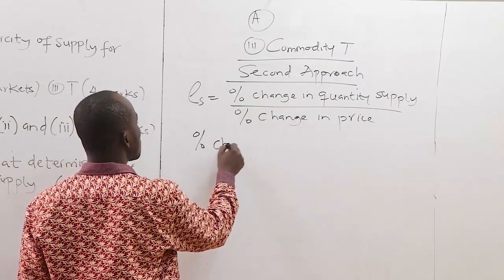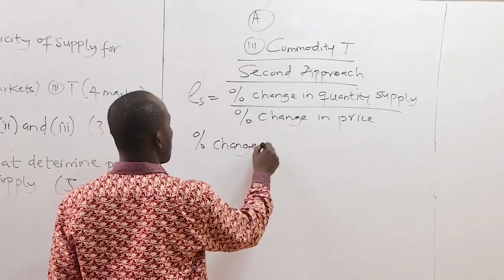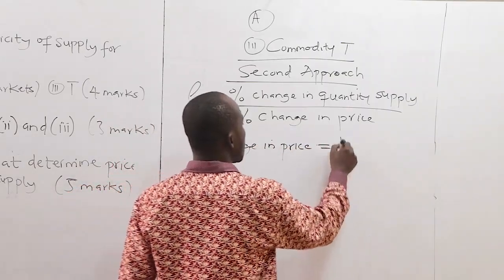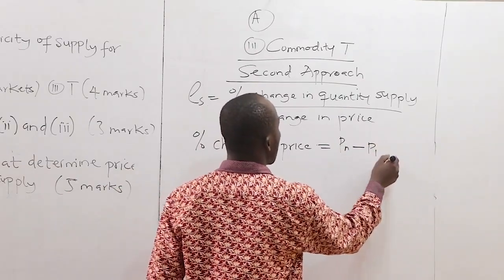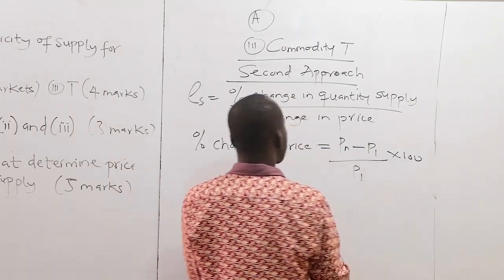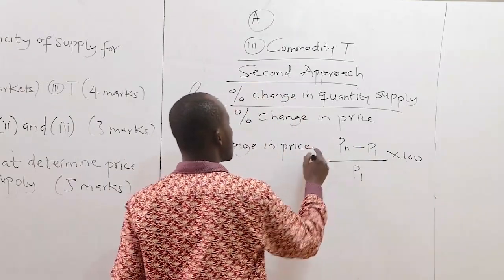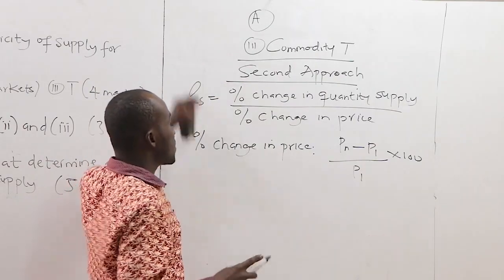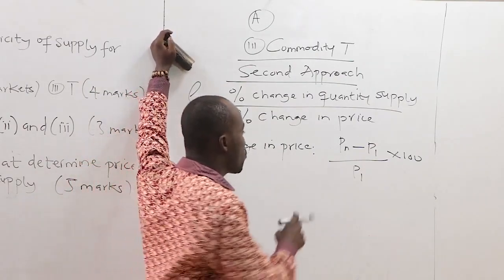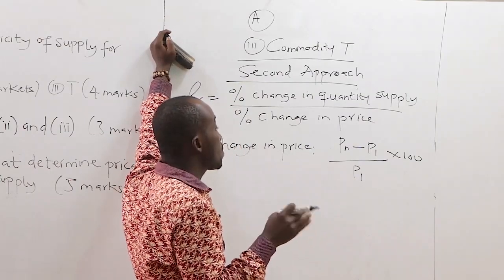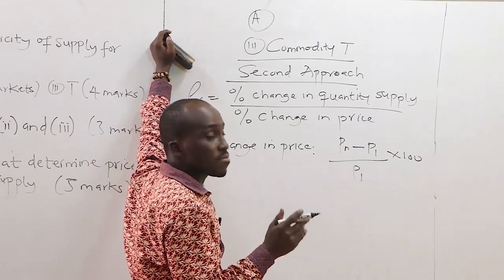Percentage change in price is equal to the new price minus the initial price divided by the initial price times 100.